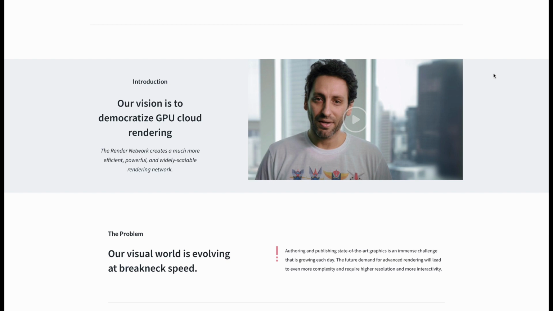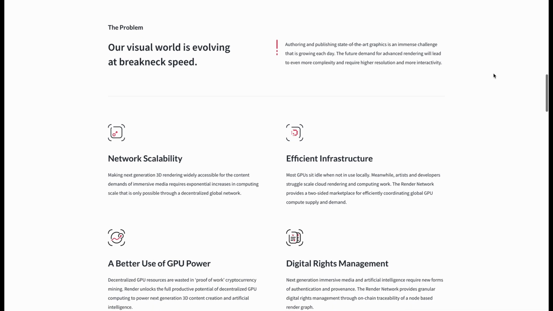Number two, optionality. Render network users have more options whether they are commissioning a job or farming out their excess GPU power. This allows for enhanced operational efficiency across the board.